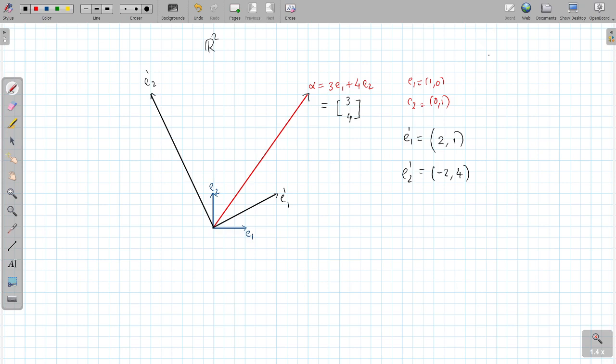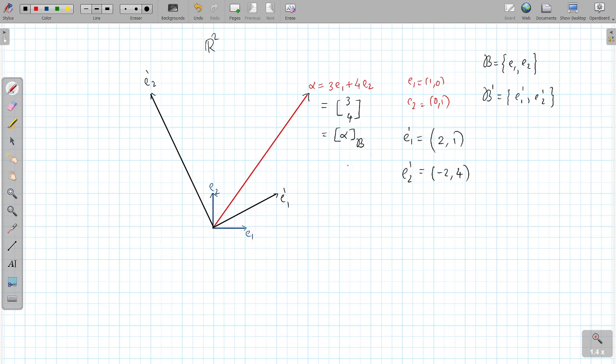If we write B is equal to (e1, e2), a standard ordered basis consisting of e1 and e2, and I call B prime as e1 prime and e2 prime, that's another set of vectors which form another basis. So if we write alpha is equal to 3e1 plus 4e2, we write (3, 4) as the coordinates of this alpha with respect to B.